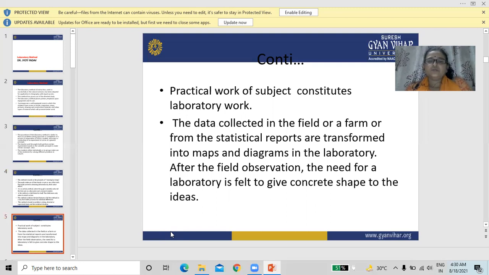After the field observation, the need for a laboratory is felt to give concrete shape to the ideas.